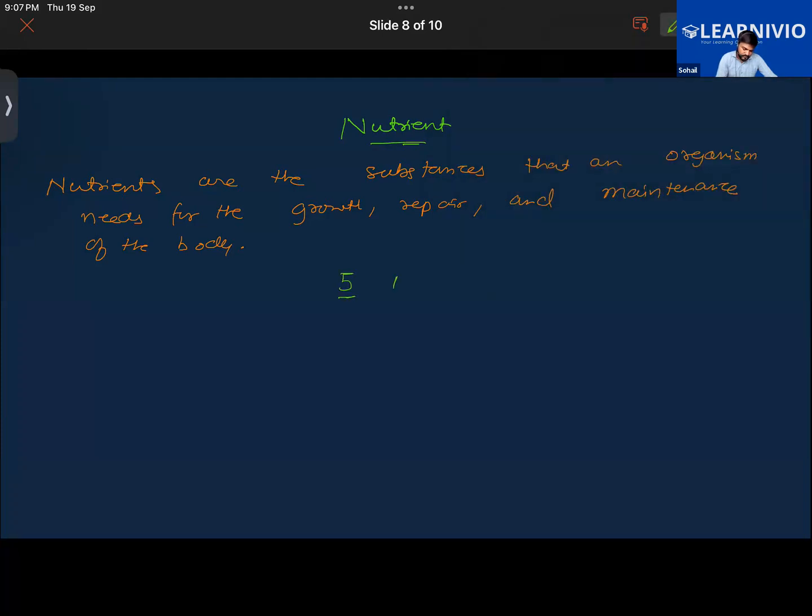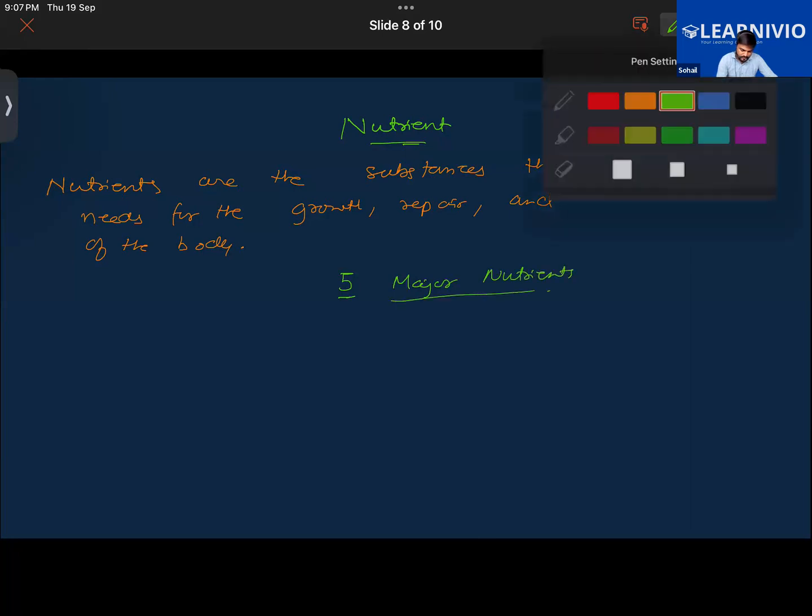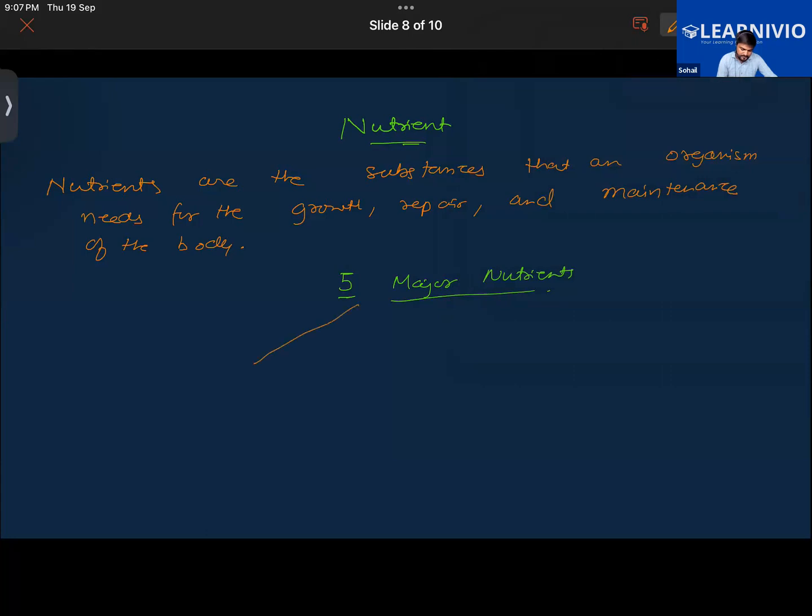Carbohydrates, fats, proteins, vitamins, and minerals. Good.